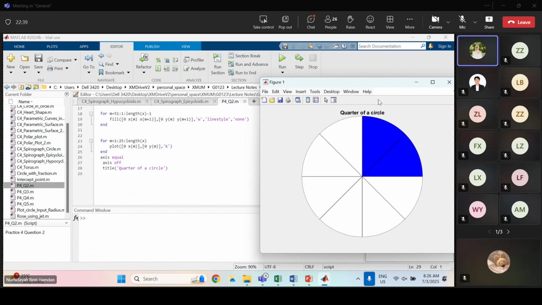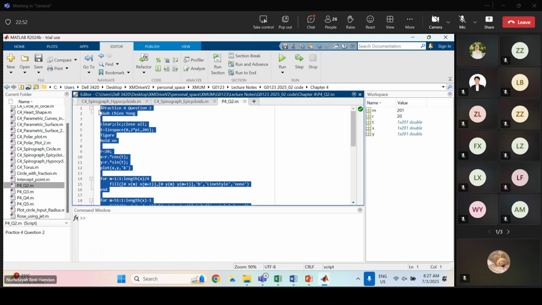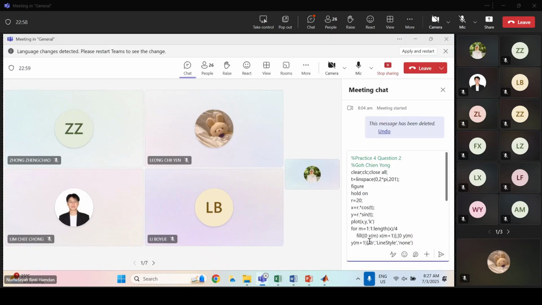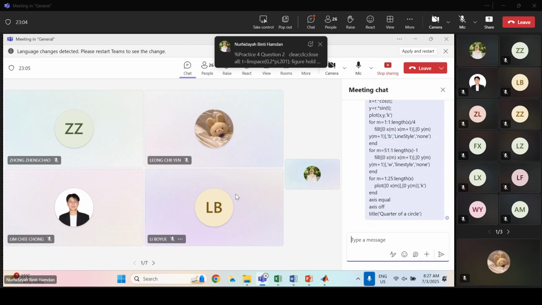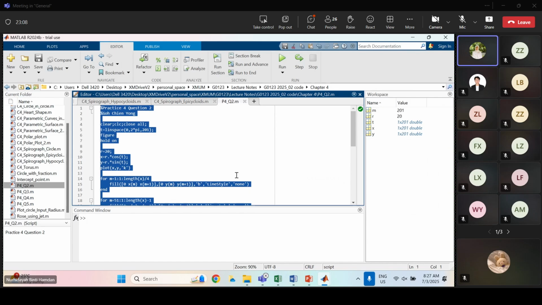Then I put the axis on, axis equal, then I put the title, quarter of a circle. So I copy this and I put it in Teams. That is the code for question 2.